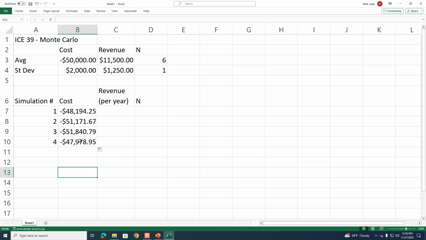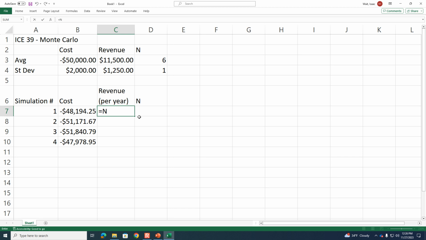The interesting thing is that even when we have 10,000 rows, the average cost still won't be exactly 50,000, but it'll be close enough that this is going to be a meaningful simulation. Okay, so let's do the same thing with revenue. It's going to be the same function. So if you missed it the first time around, here's a chance to see it again.